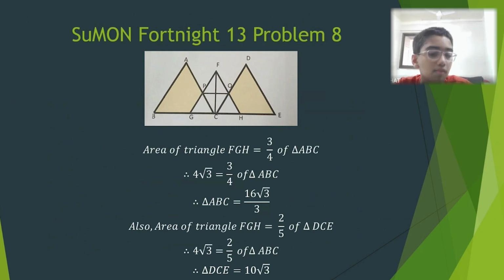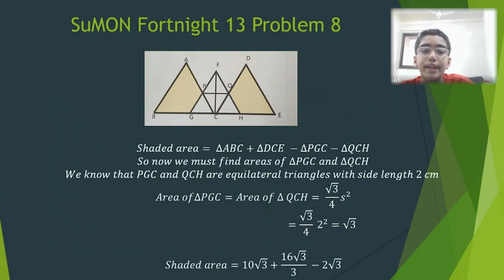Now, upon solving, we'll get that triangle DCE has an area of 10√3 centimeter square. Now, the shaded area will be equal to the area of ABC plus the area of DCE minus the areas of triangle PGC and triangle QCH.